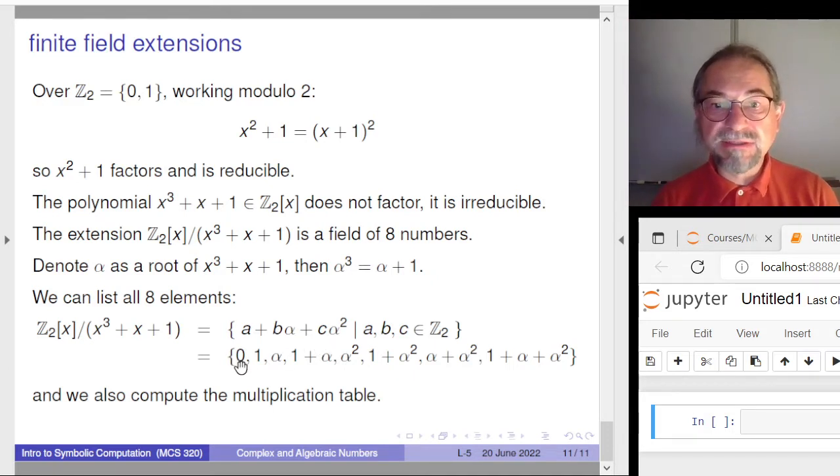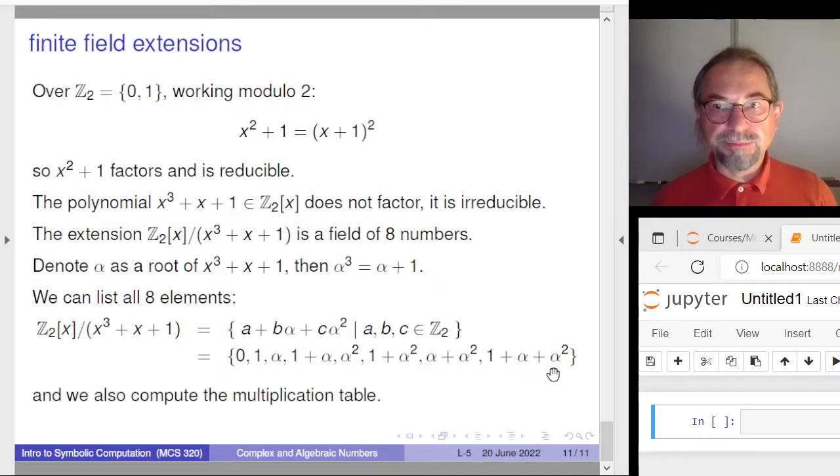You can explicitly enumerate all the elements in this field extension. When we compute all the products of 8 by 8, we have a matrix with 64 elements, which gives us the multiplication table. So computing is, in some sense, looking up in that table. These are the key concepts that we will illustrate in this lecture.